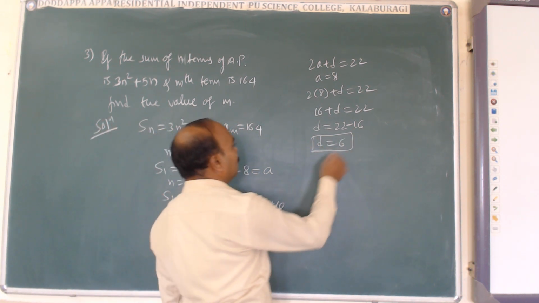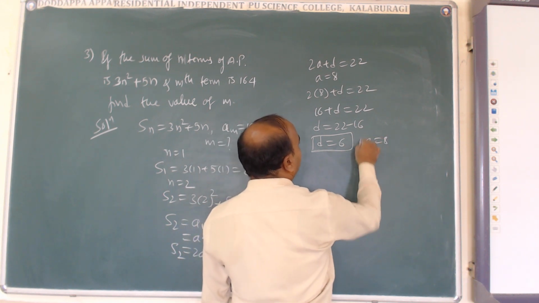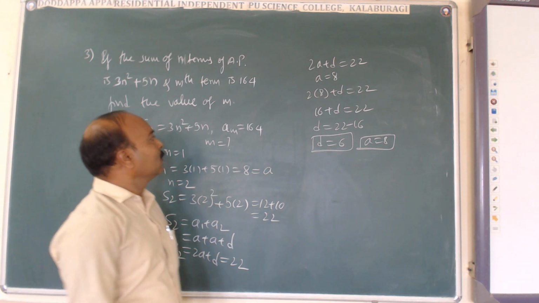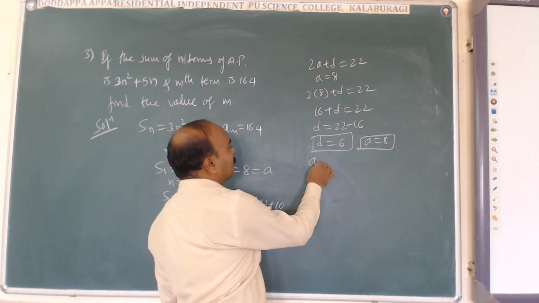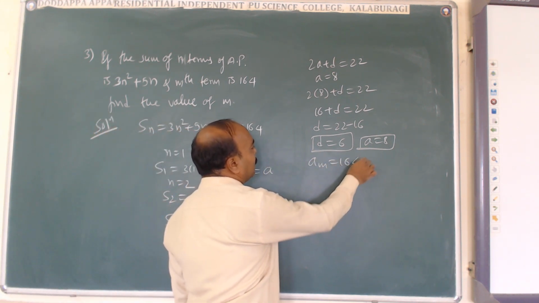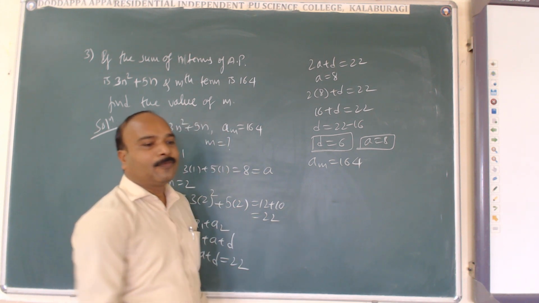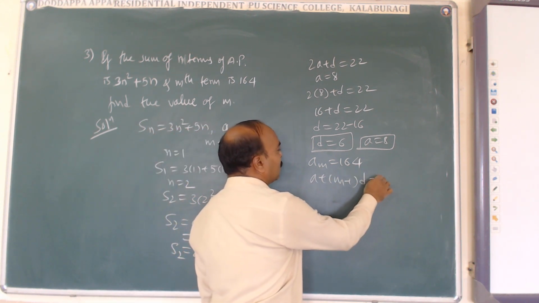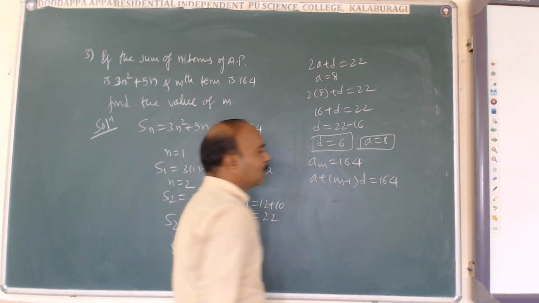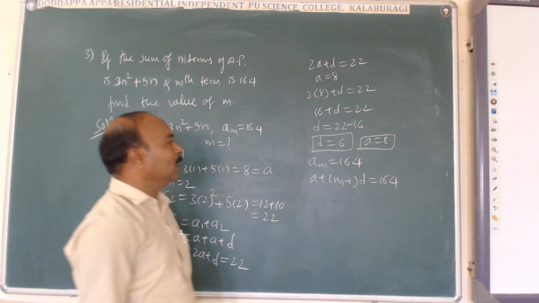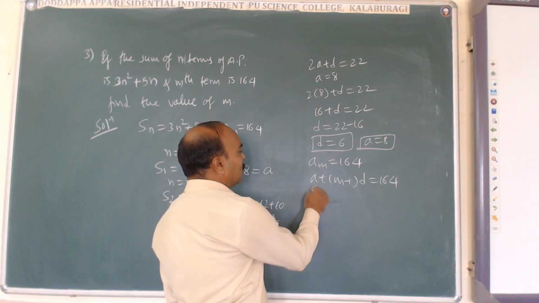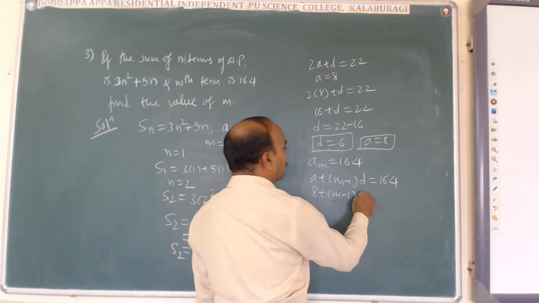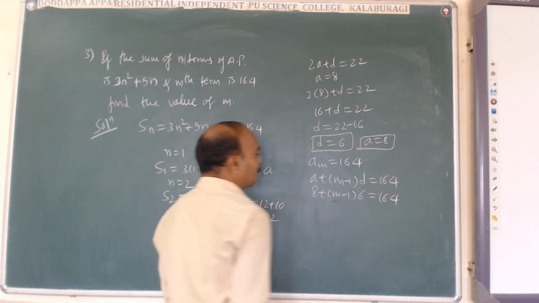And the a value we already got, it is 8. a and d values we are getting. After that they have given that am equal to 164. The am formula is a plus m minus 1 into d equal to 164. Put both a and d values. 8 plus m minus 1 into the d value 6 equal to 164.